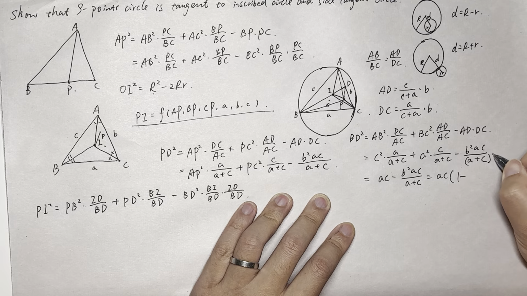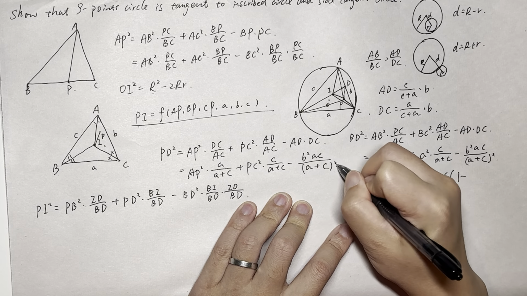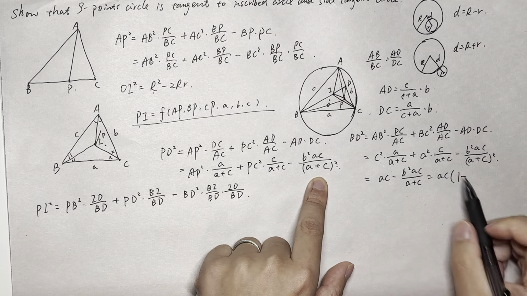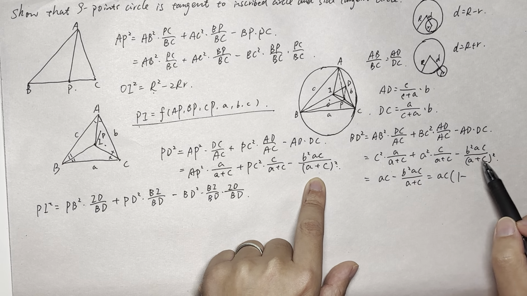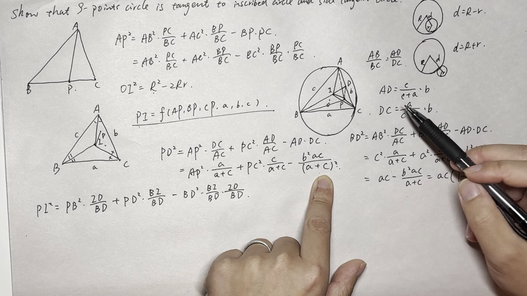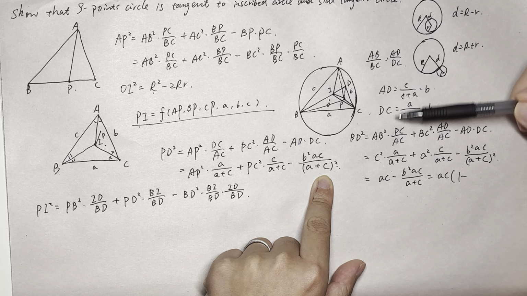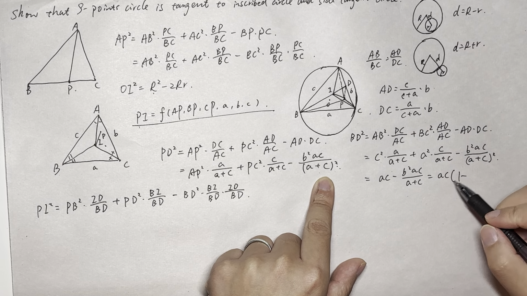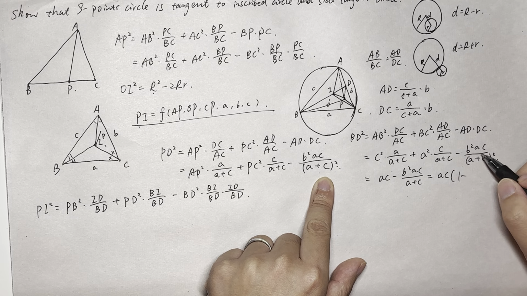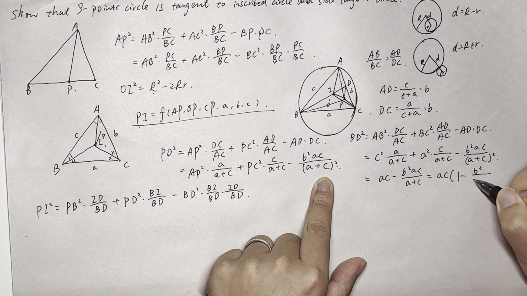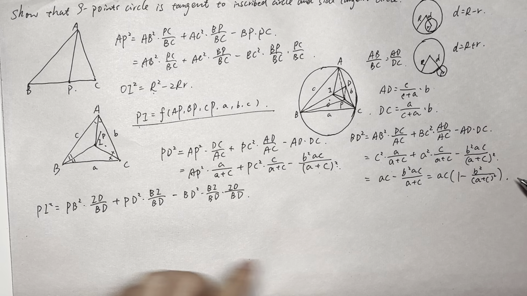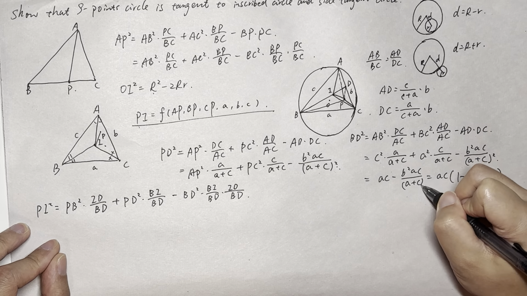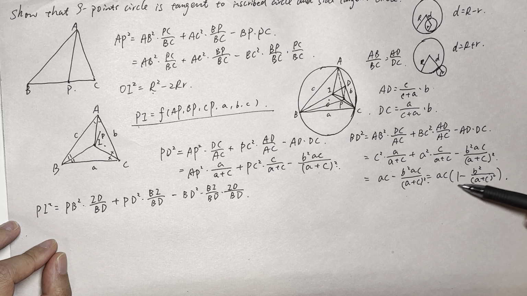Here should be this one, sorry, right, this is correct. I forgot the square. If we multiply AD to DC, we have A plus C square. So AC times 1 minus B square to A plus C square. You may wonder why I can find this so quickly, just because this is unit-less, so this number should be unit-less.